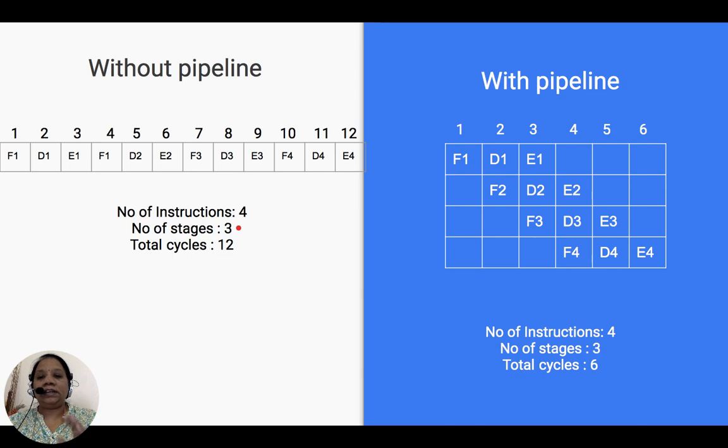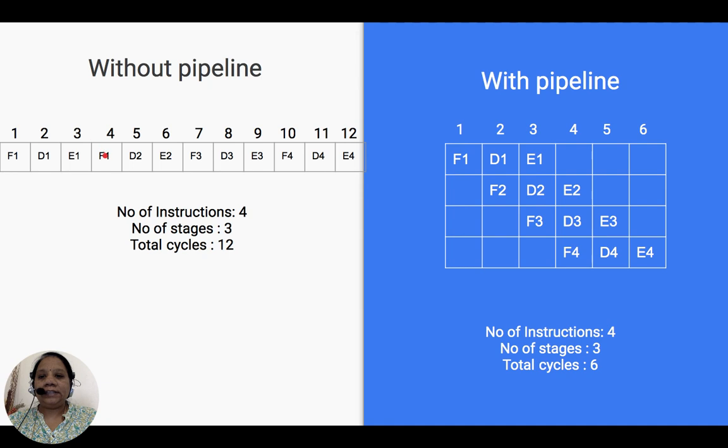So every instruction has to undergo 3 stages to be executed. The first instruction is fetched in clock cycle 1, decoded in clock cycle 2, and executed in clock cycle 3. So for one instruction to be completely fetched, decoded and executed, it takes 3 clock cycles.